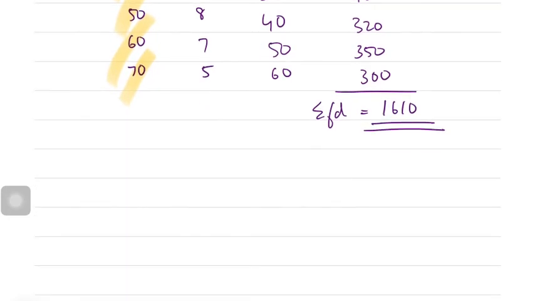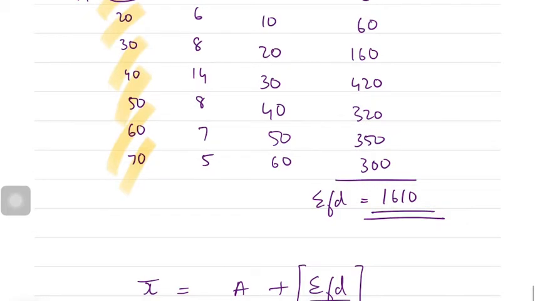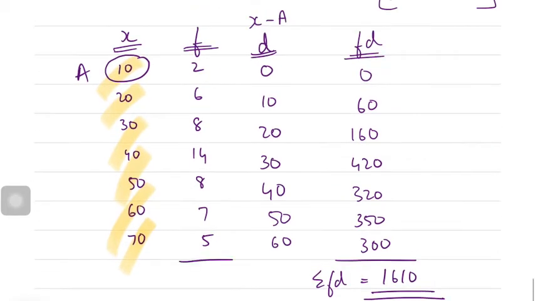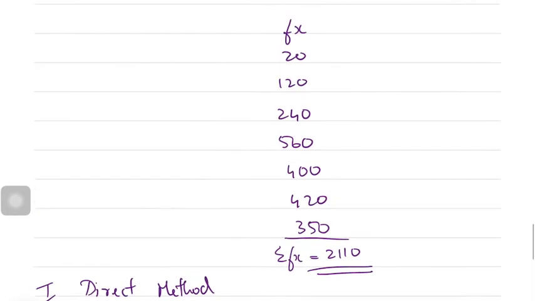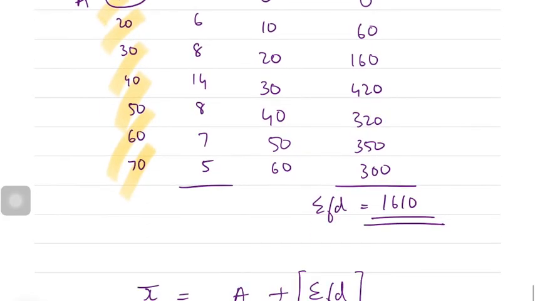So the formula is arithmetic mean is equal to a plus summation fd upon n. You put a bracket here so that you don't make any calculation mistake. And n is total of frequency, and total of frequency is 50. So n is equal to 50.